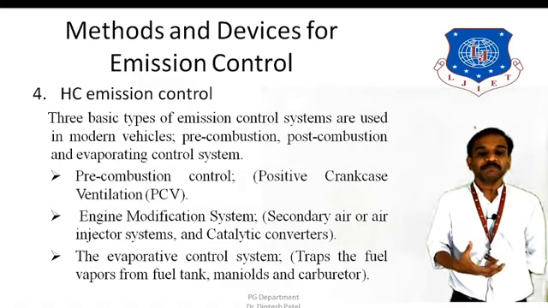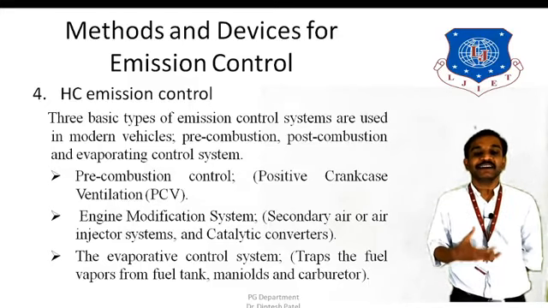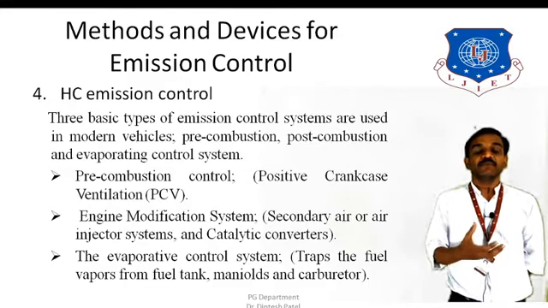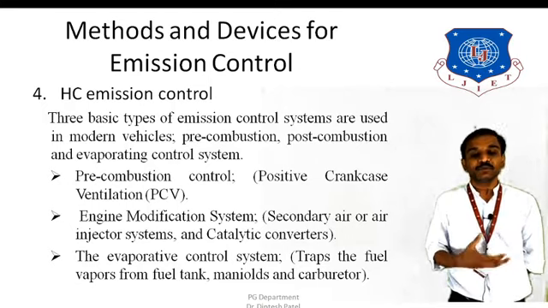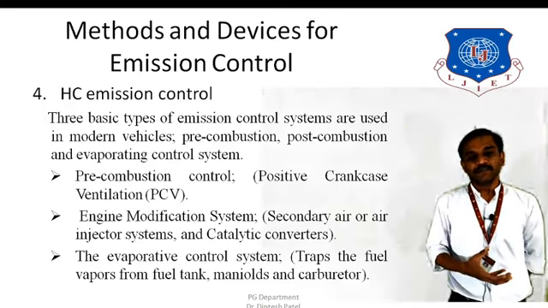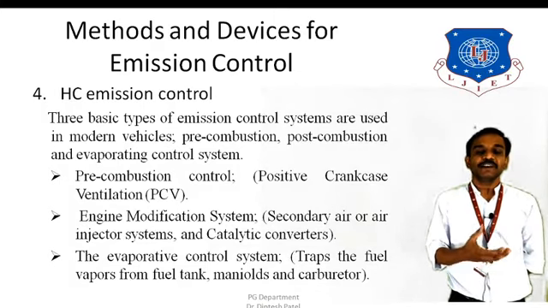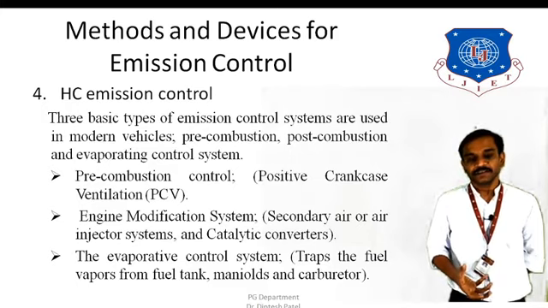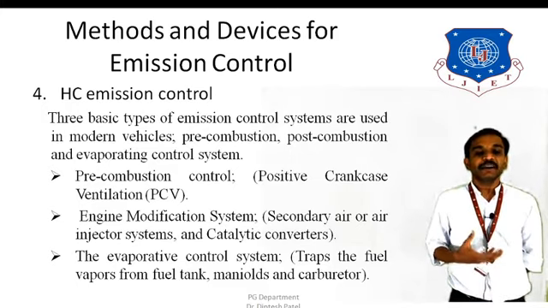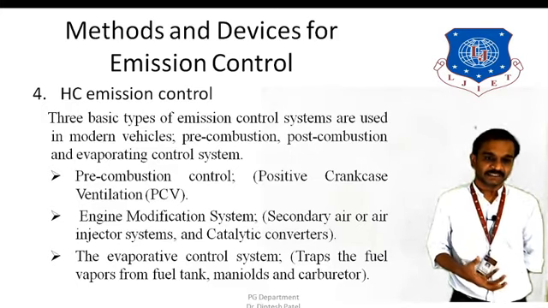In PCV, all unburned hydrocarbons which have been collected in the crankcase would be taken through a proper pipeline back to the intake manifold. So all the HC emission which would certainly escape into the atmosphere would be taken back into the intake manifold and allowed to enter the combustion chamber for ignition. So there won't be any unburned hydrocarbon from the crankcase.